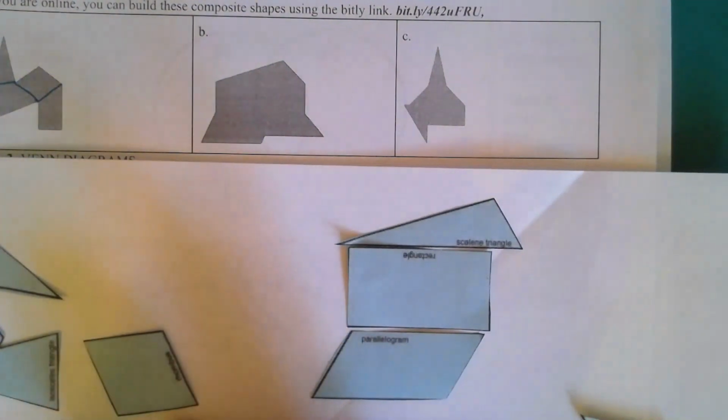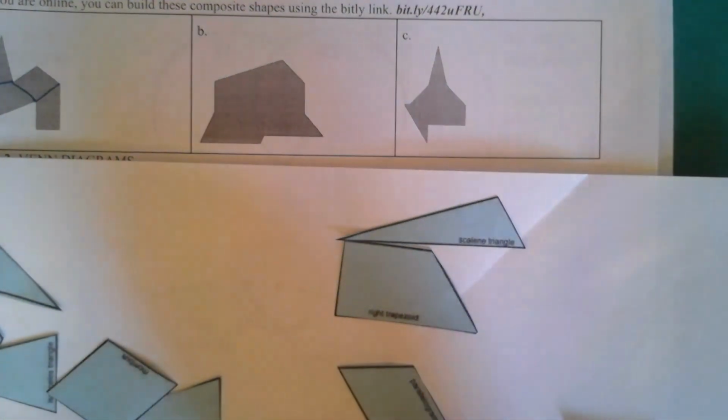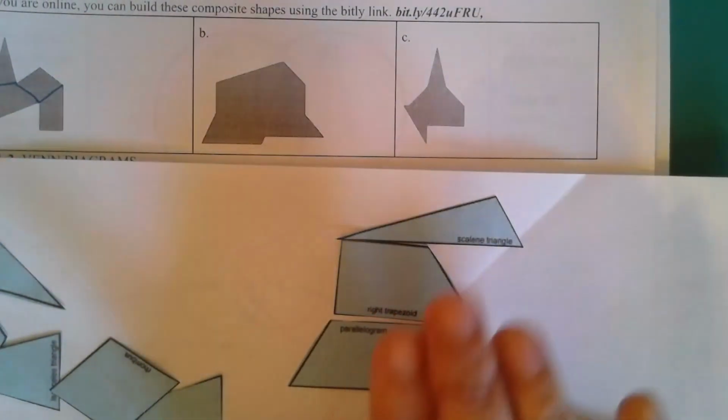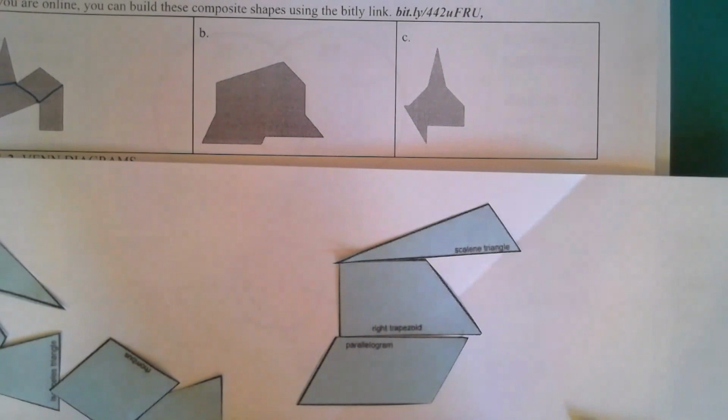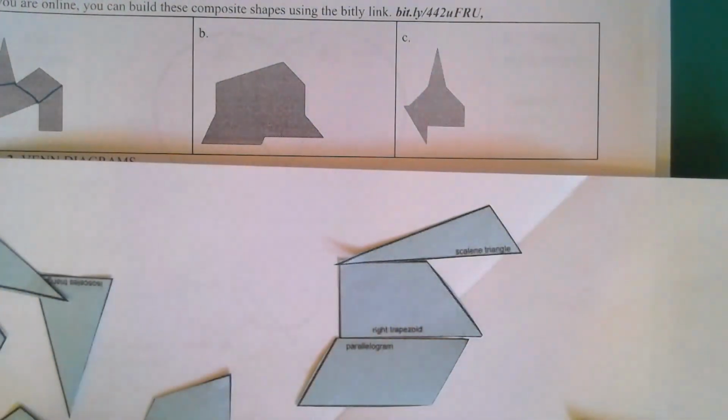Still not sure what shape should be right here. Maybe my rectangle isn't right. Let's remove the rectangle. For our right trapezoid. Let's try the rhombus, perhaps. No? Maybe my parallel. I'm already using my parallelogram.